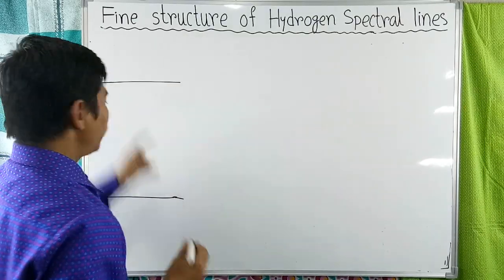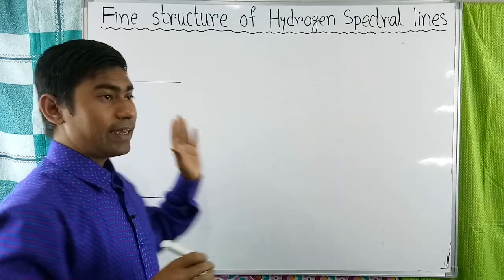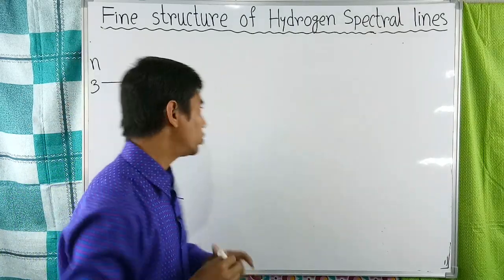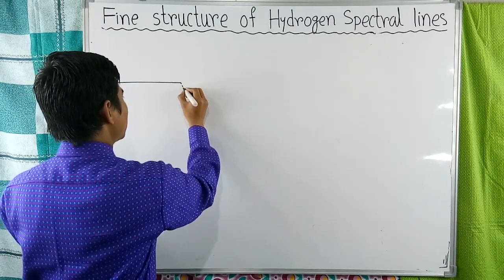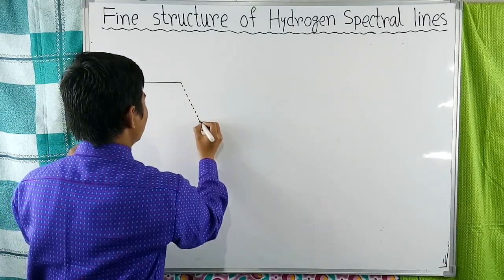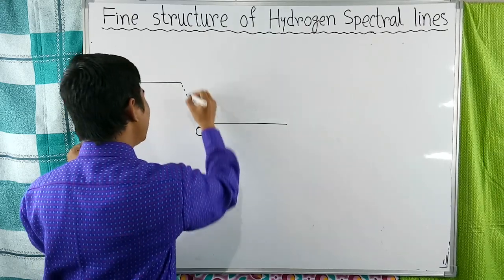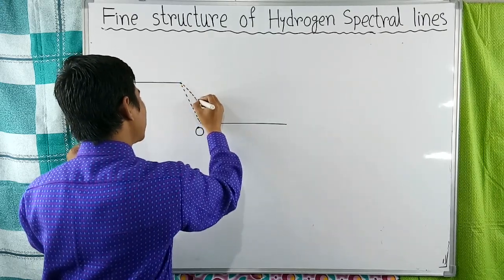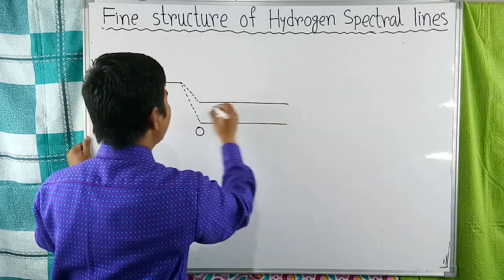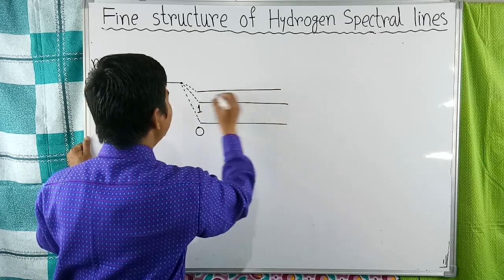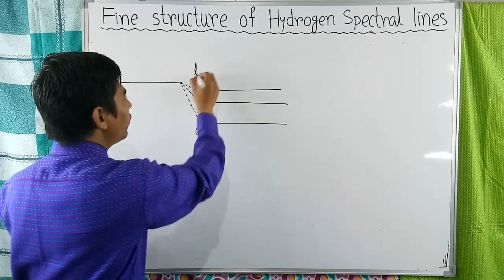Now for n equals 3, L has 3 values: 0, 1 and 2. Suppose this is the L equals 0 level, this is the L equals 1 level, and this is the L equals 2 level.